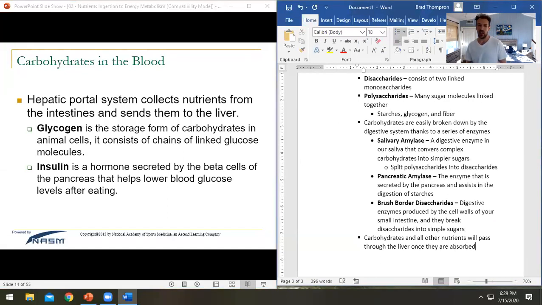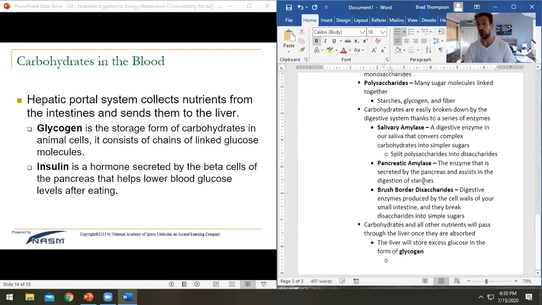Okay, and then in your liver, the liver will store excess glucose in the form of glycogen. Okay, so glycogen is basically our version of a starch.